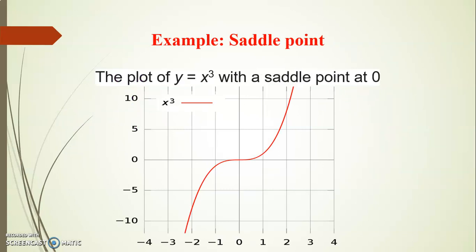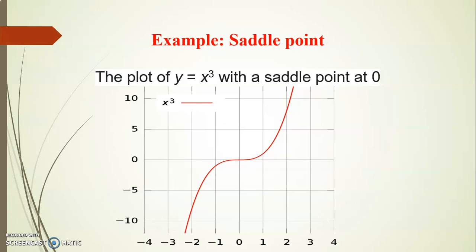Let's see an example. This is the curve for the function x cube. The plot of y is equal to x cube with a saddle point at x is equal to 0. Here, at x is equal to 0, the slope of the tangent is parallel to the x-axis.